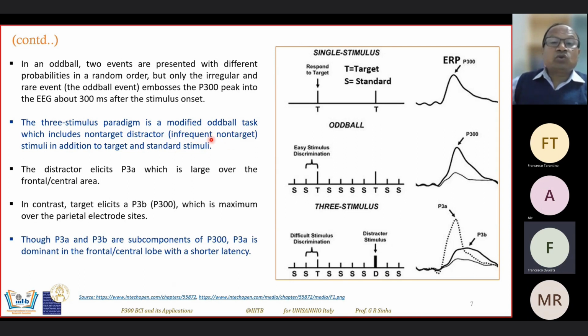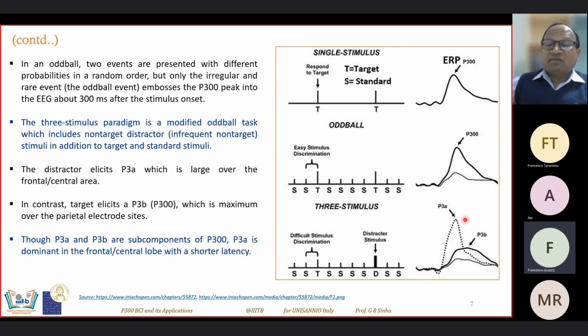Remember, this is also not a desirable target and not very frequent like S. All other S are frequent and regular, but this is also not our target, but an infrequent stimulus in addition to target and standard stimuli. So what will happen, since it is a sudden stimulus, is that the distractor also produces some response called P3A.